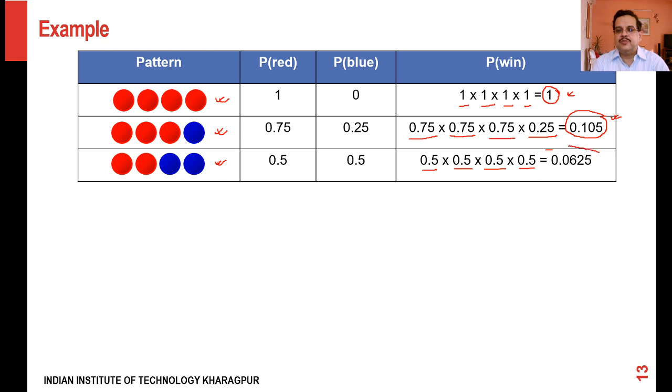So my overall probability of picking up exactly that sequence is 0.0625, which again is much lesser as compared to the second one. Here it was 0.105, now it is 0.0625. So the more the chaos that we have, the probability that I end up picking a particular combination becomes even less.